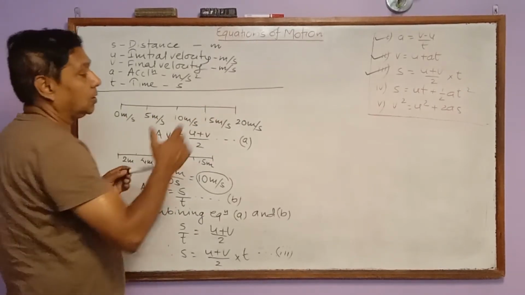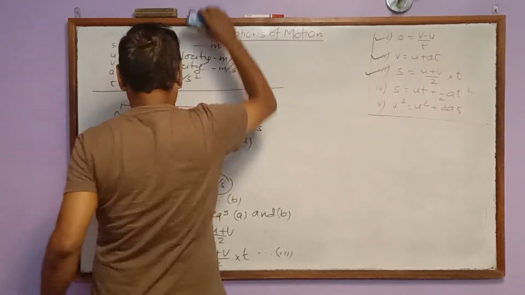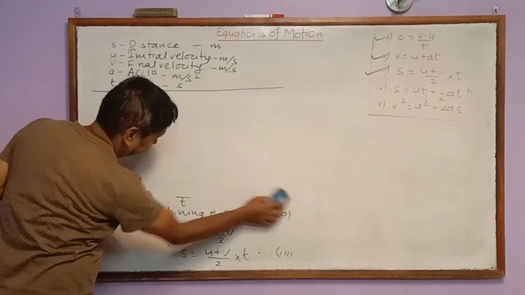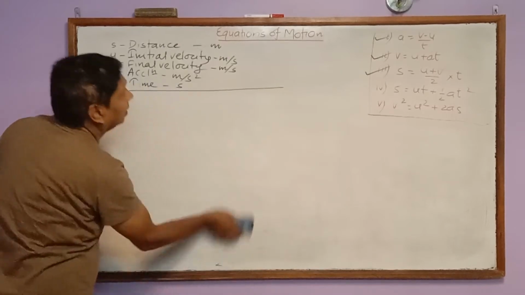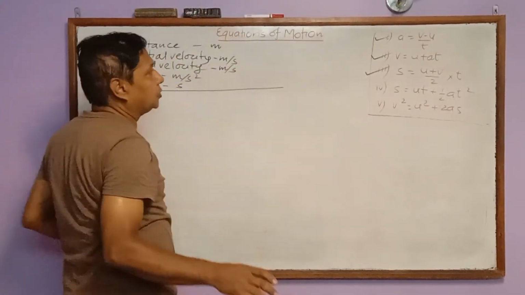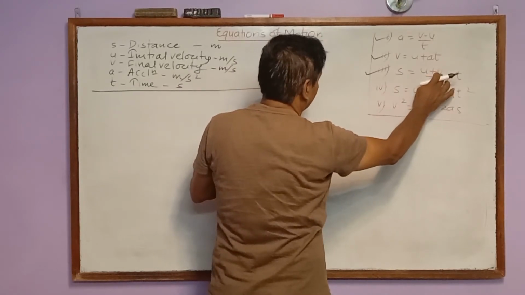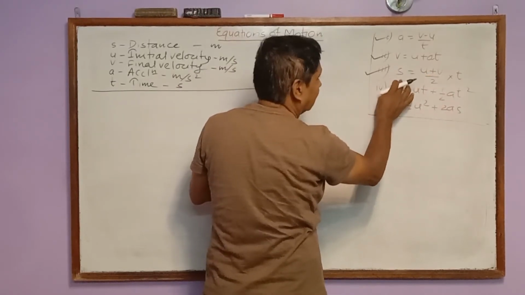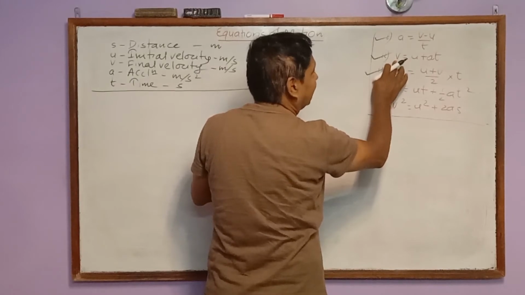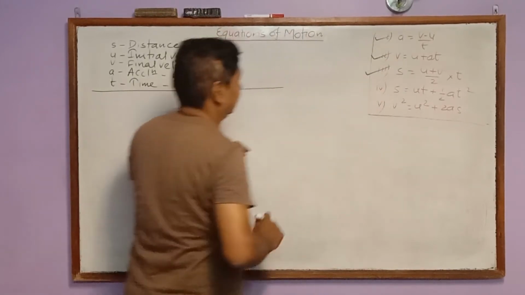Now let's talk about the fourth equation. Now I want to prove the fourth equation. For this, you have to remember that we are going to substitute the v of the third equation with the value of v from the second equation.